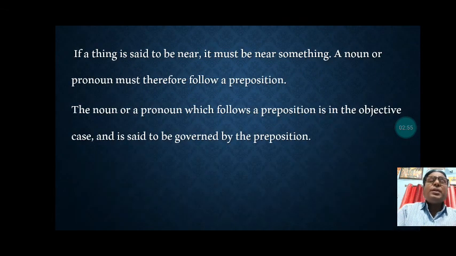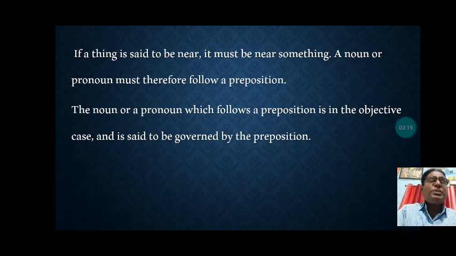If a thing is used to be near, it must be near something. A noun or pronoun must therefore follow a preposition. The noun or pronoun which follows a preposition is in the objective case and is said to be governed by the preposition.